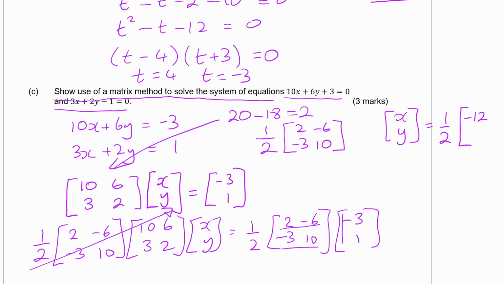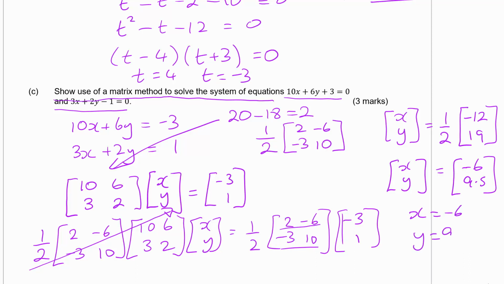And we have 10 times 1, which is 10. And so that is going to be 19. And so [x; y] is going to be [-6; 19/2], or if you like, 9.5. So x equals -6, y equals 9.5.